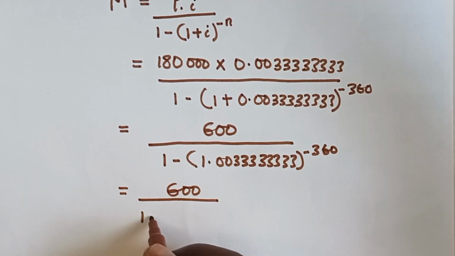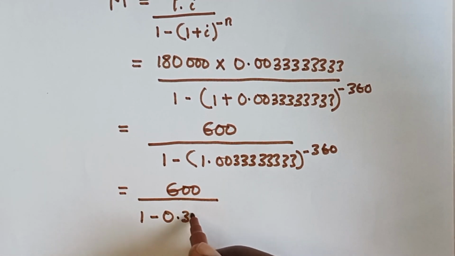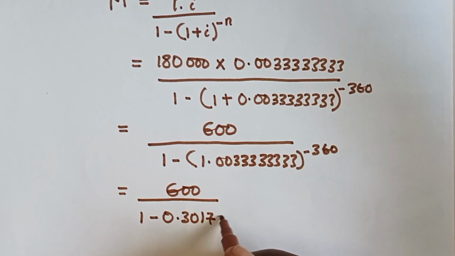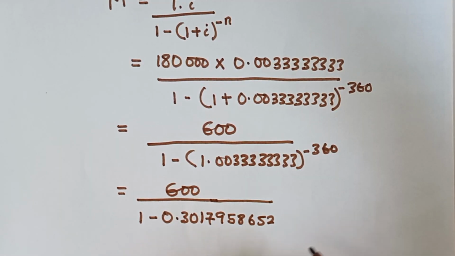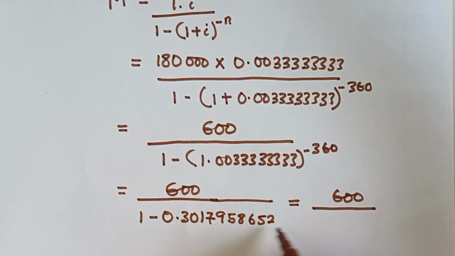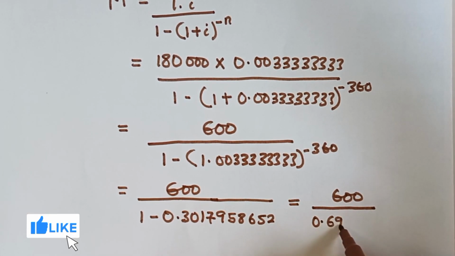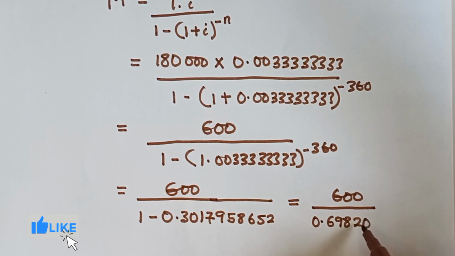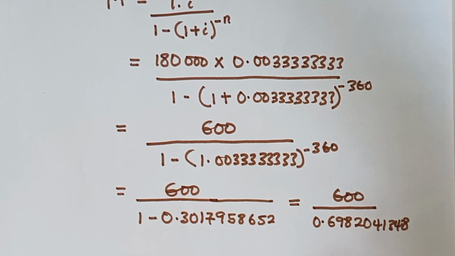So we have 1 minus the whole of this, which gives us 0.3017958652, something like this. And then when we subtract it from 1, we have 600 over 0.6982041348.